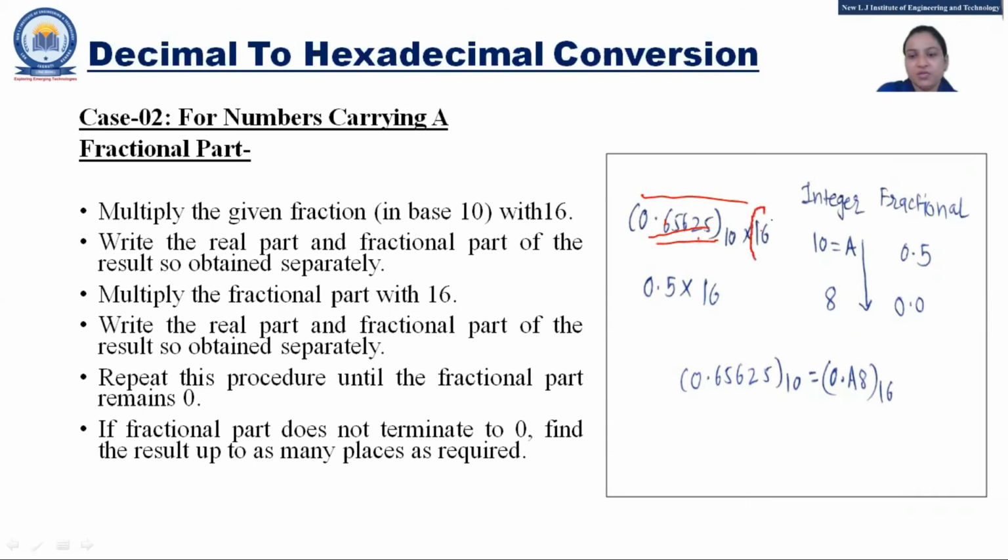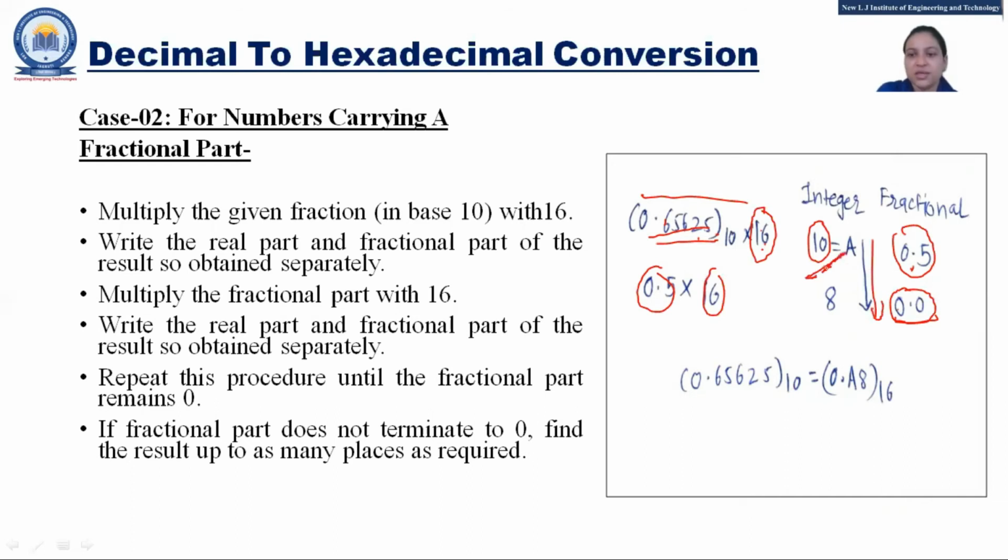Again, we have to multiply the given number with the 16. We have to separate out this integer part and the fraction part. Whatever fraction we are getting, we have to again multiply with the 16 until we get the fraction 0. Here now we are getting the fraction as 0. So we have to stop here and we have to write the result from top to bottom.